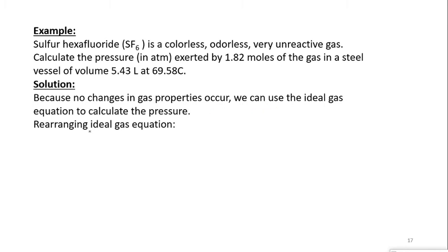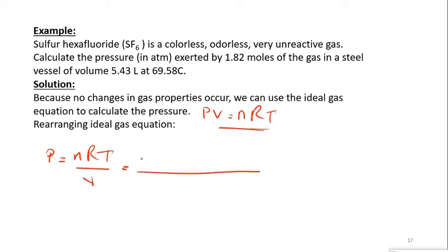If I look at the ideal gas law, it's PV equal to nRT. If I rearrange my equation to find the value of the pressure, P would be equal to nRT over V. That would be equal to the number of moles, 1.82, multiplied by the value of R in atmospheres, which I will assume is 0.0821, multiplied by the temperature.